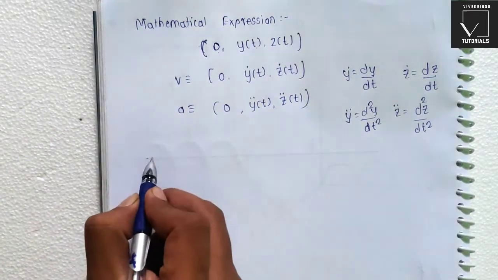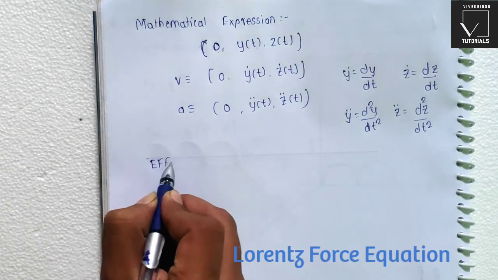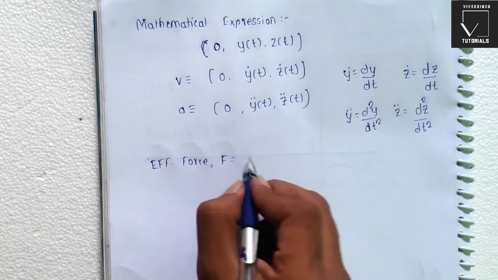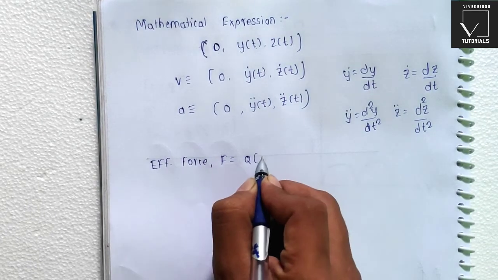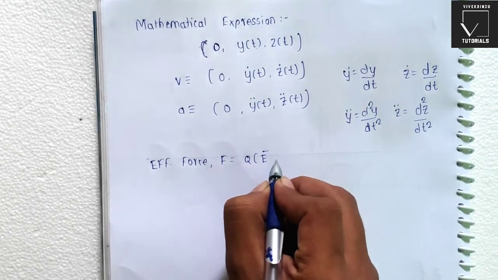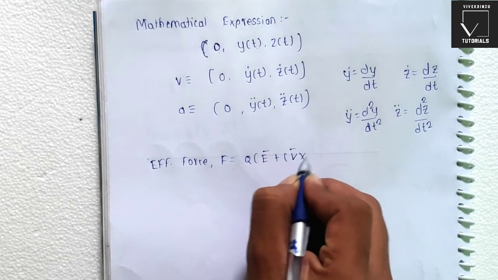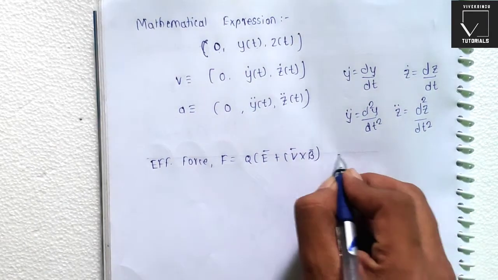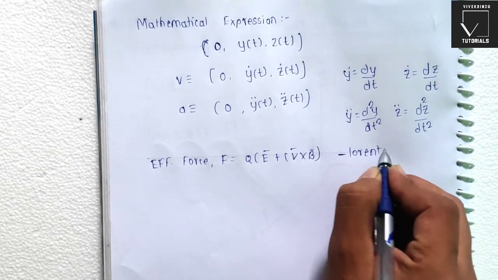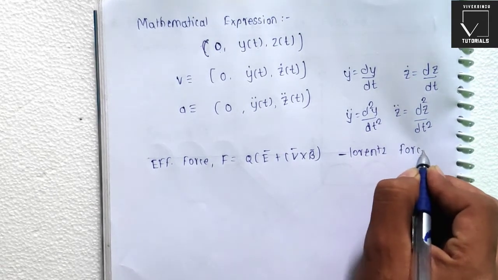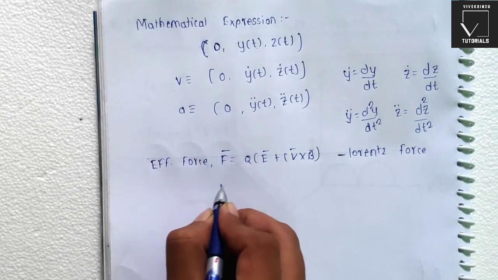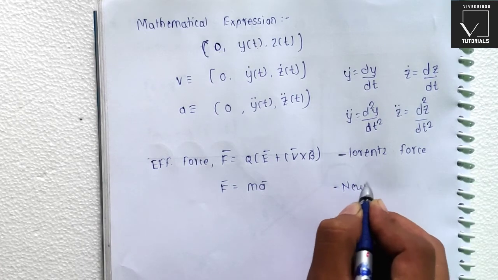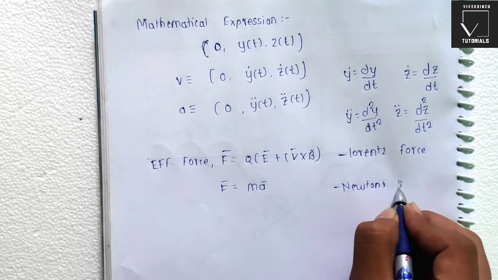The effective force, let's say F, is equal to Q into E bar plus V bar cross B bar. This is due to the Lorentz force. This is the Lorentz force equation. And by Newton's second law, we have F bar is equal to m a bar. This is Newton's second law.